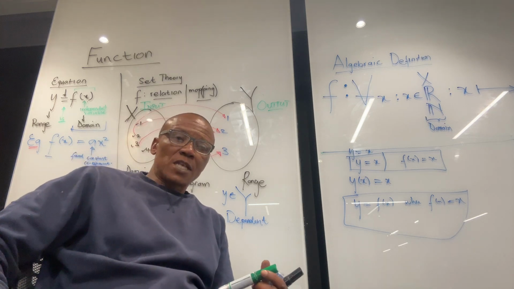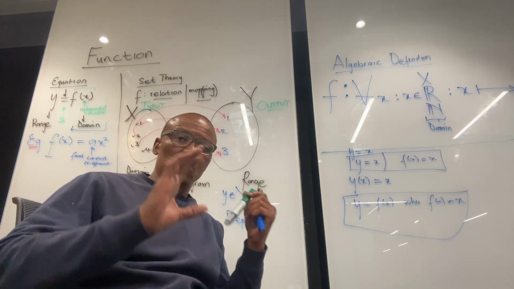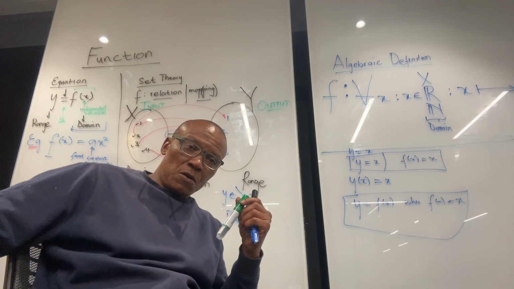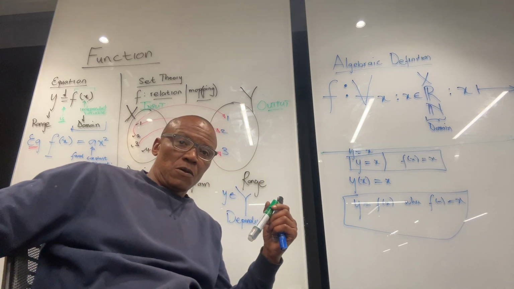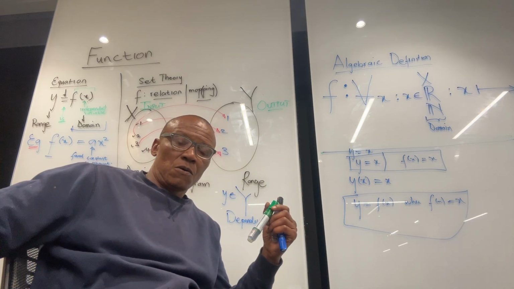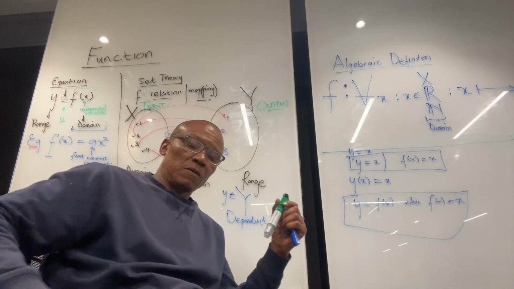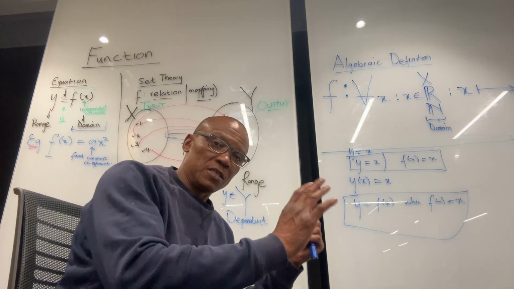Now I have to stress this concept of y is equal to f of x. y is a function of x. y is a mapping in terms of x. y is a relation in terms of x.